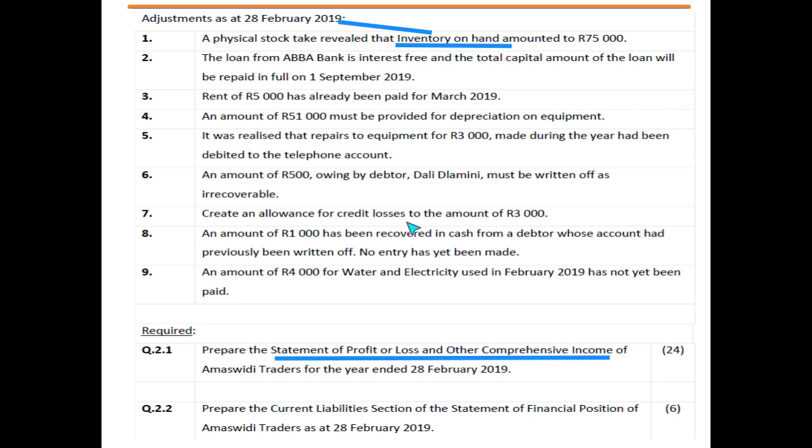Yes. That is called allowances for credit losses, and sometimes they call them provision for bad debts. Provision for bad debts. Okay. So allowance for credit losses or provision for bad debts.